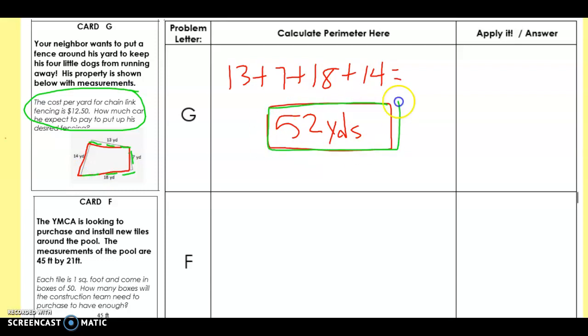He has 52 of those. So again, repeated addition, we're paying $12.50 for every single yard. $12.50 plus $12.50 plus $12.50, right? We could use the operation of multiplication to solve that quickly. So we're going to take $12.50 and multiply it by 52.